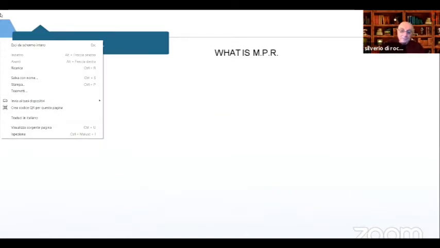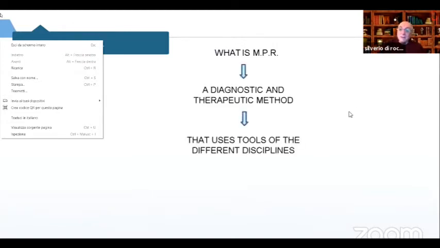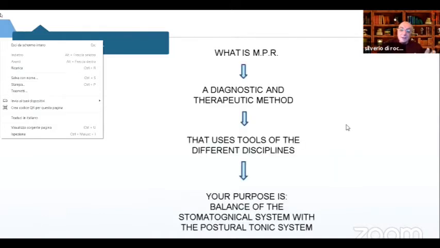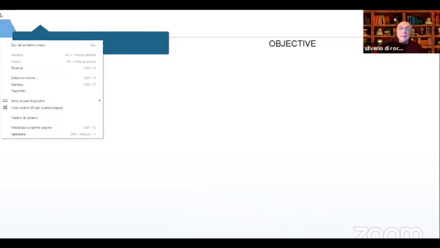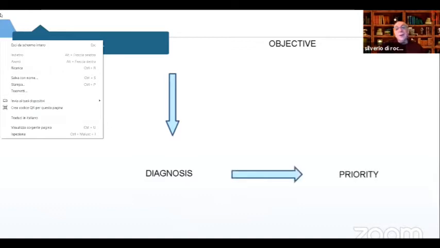What is M.P.R.? M.P.R. is a diagnostic and therapeutic method that uses tools of different disciplines. The purpose is to obtain the balance of the craniofacial system and the tonic postural system. The objective is diagnosis to obtain the priority. Normally, when we are talking about priority, we think that it is the cause of the problem.